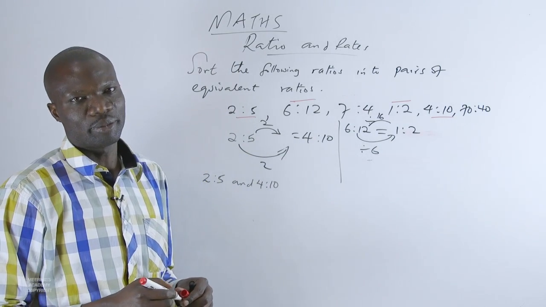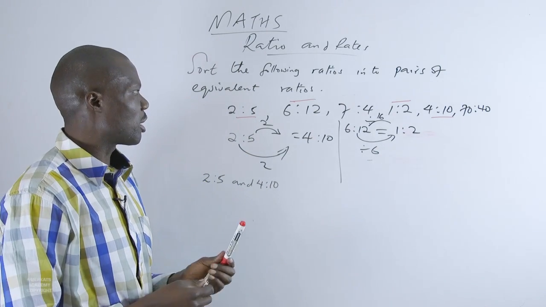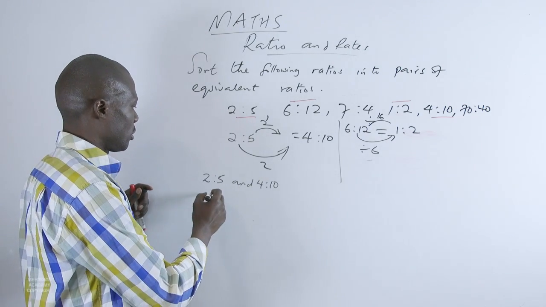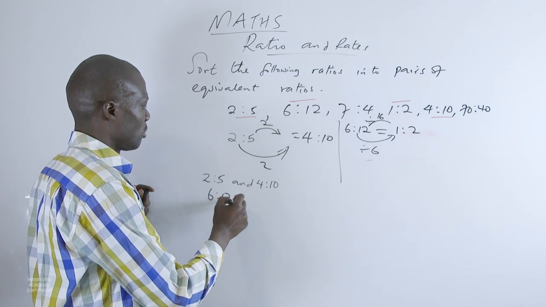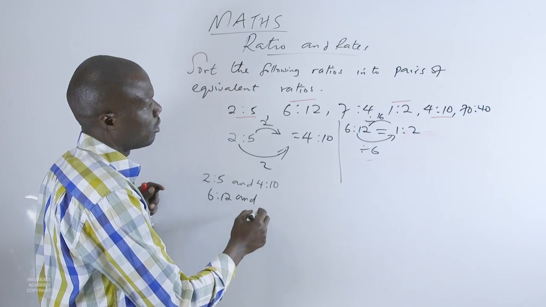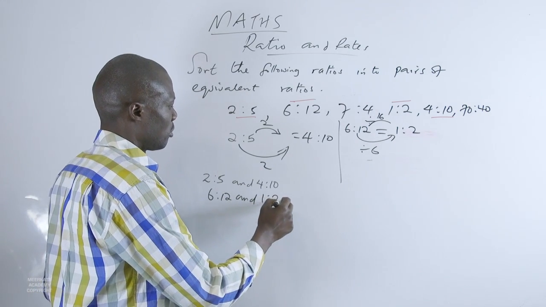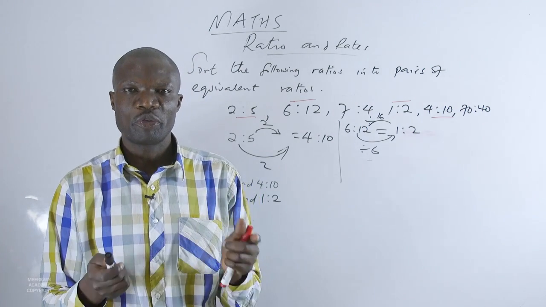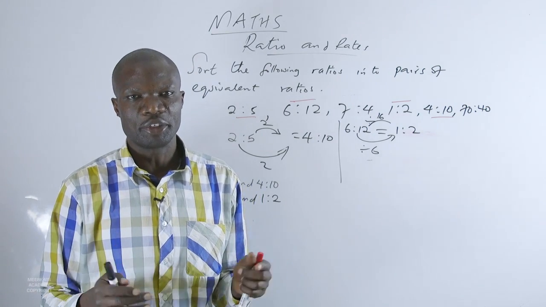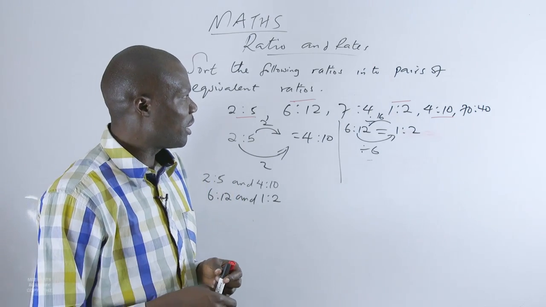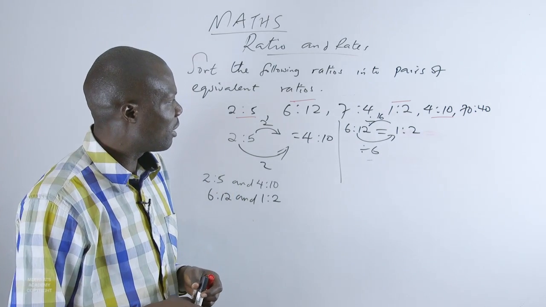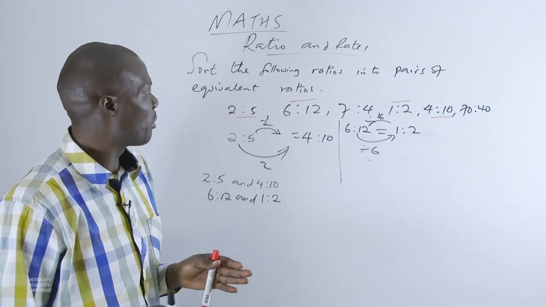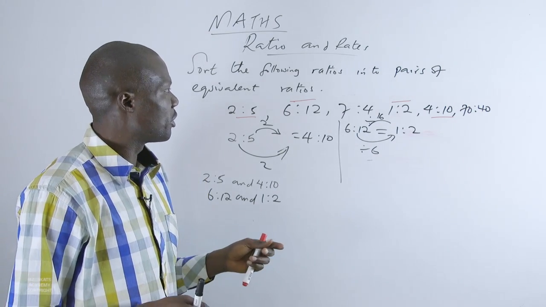There is a pair there. So I'll come and write here that another pair is this, so we have two pairs of equivalent ratios. What is remaining, we are not sure whether it is going to form a pair or not.